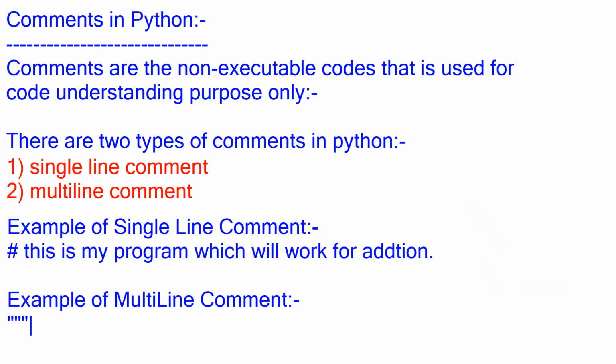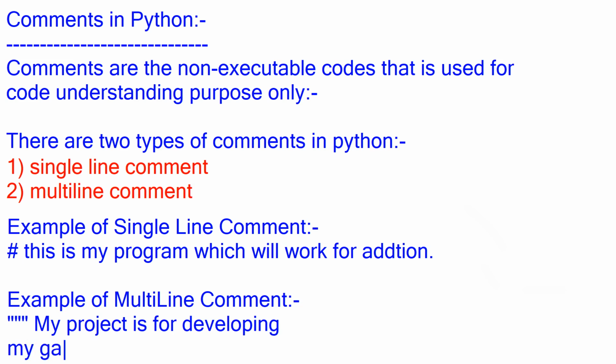Write, like, my project is for developing my game, and then close the comment. So if you want to write multiple line comments, you will have to use three single inverted commas or three double inverted commas.